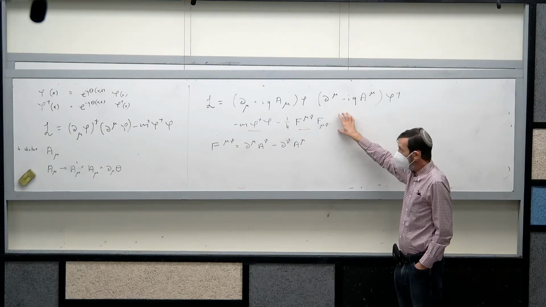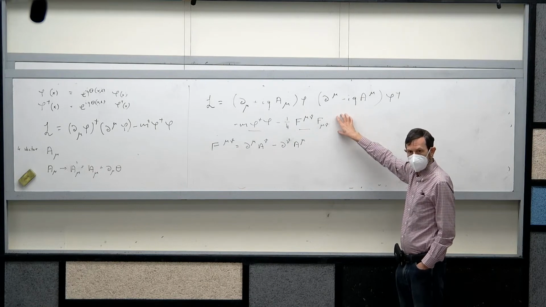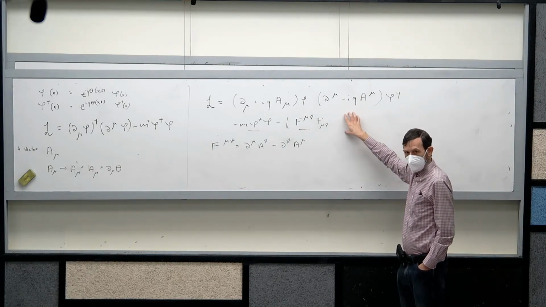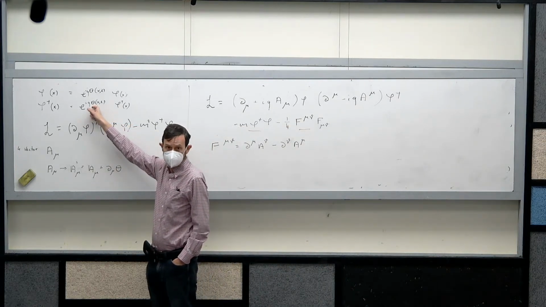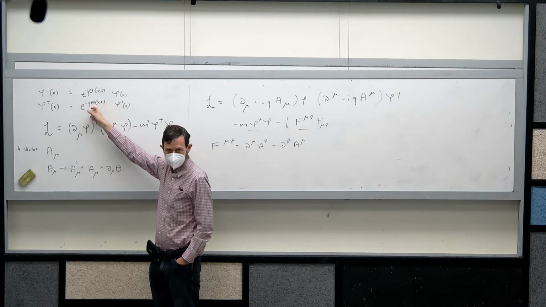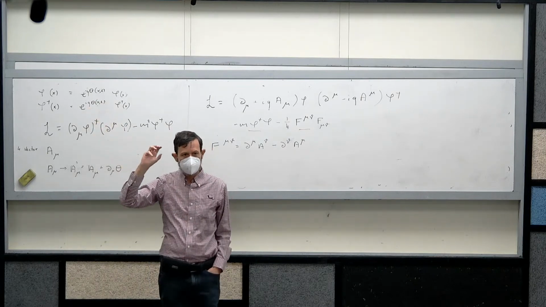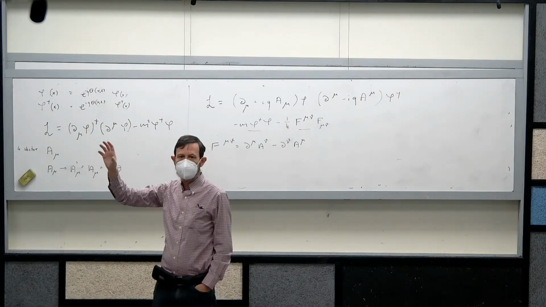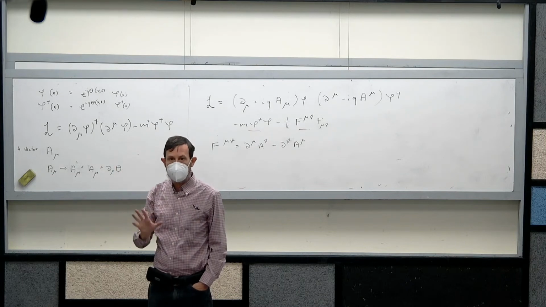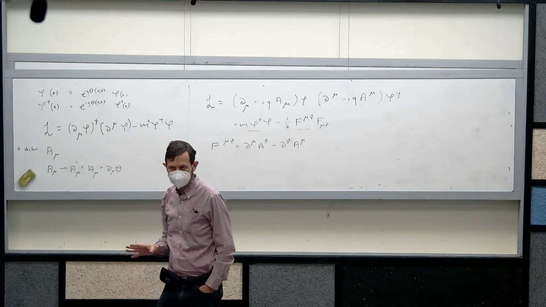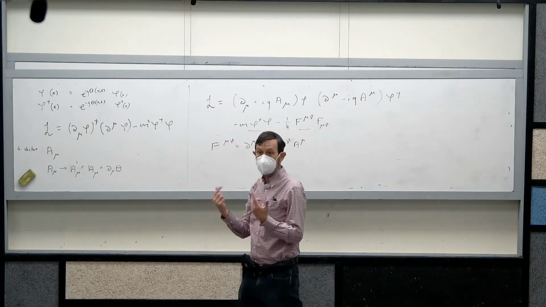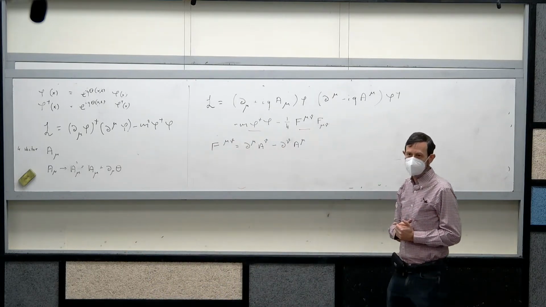Okay, and then I say, well, you know what? This Lagrangian fulfills a very interesting symmetry known as gauge symmetry. I can change the phase locally at each point, and I'll still have the same Lagrangian. I can look at it the other way around.